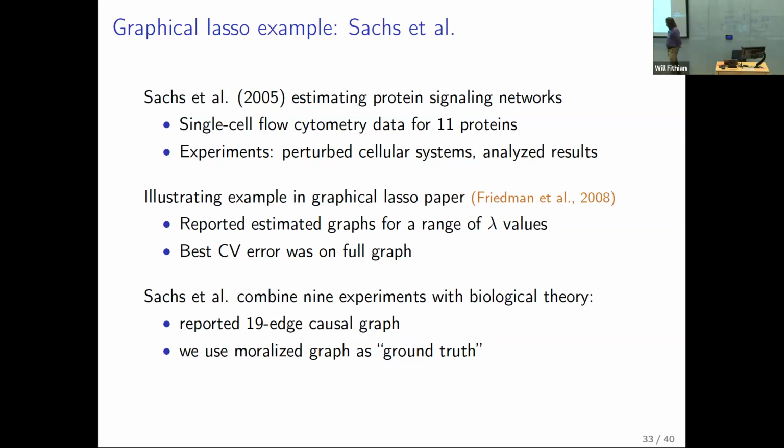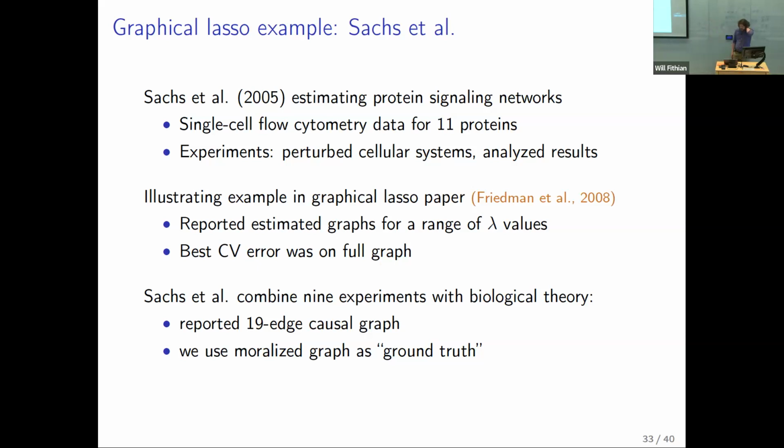They had a bunch of different experiments where they perturbed the cellular systems in 9 different ways, and they analyzed how the correlation changes. They were looking for the causal graph for how these proteins related to each other.